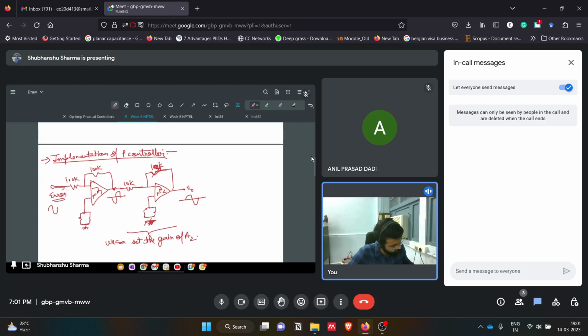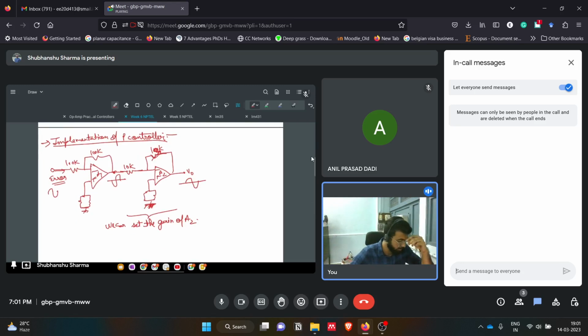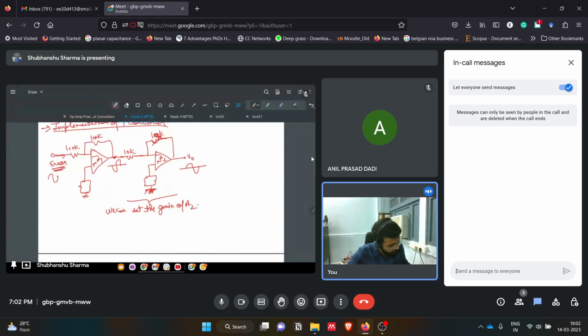So in these two ways we can simply make a proportional controller. If we are increasing the error, accordingly our output V naught will change. Let's say V naught one is error into minus R2 by R1, and we got V naught one.